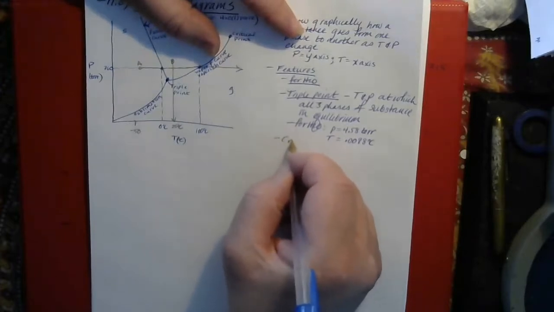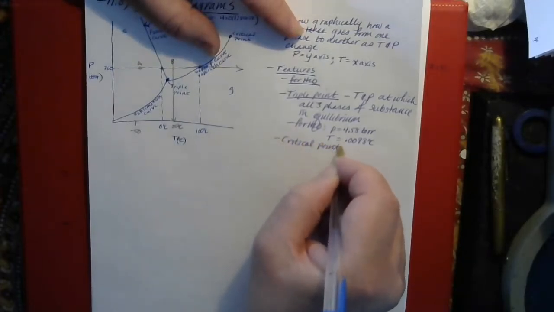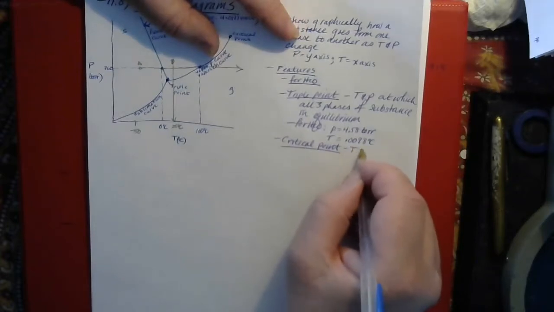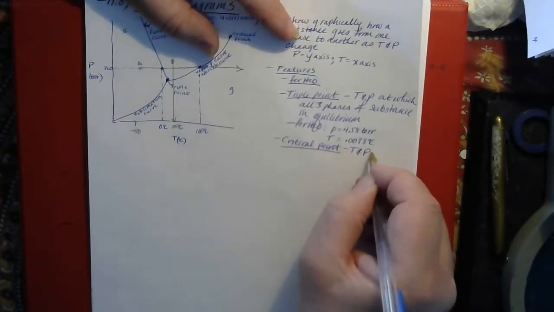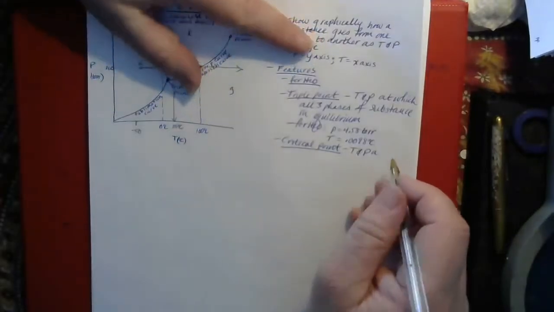Okay, and the critical point would give you the temperature and pressure above which the substance is a supercritical fluid.